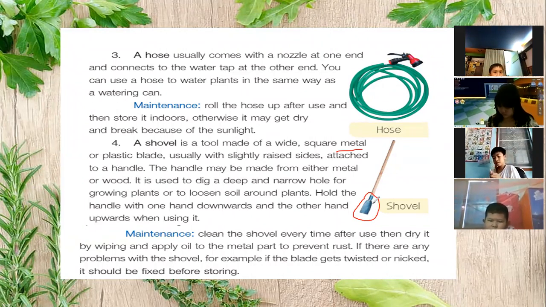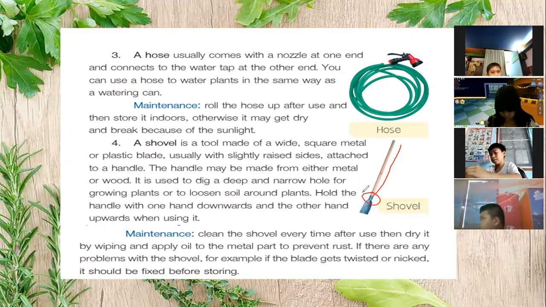Here you can see it's a large side and then it is attached to a handle. The handle can be from wood or from metal, both. It is attached at this point.